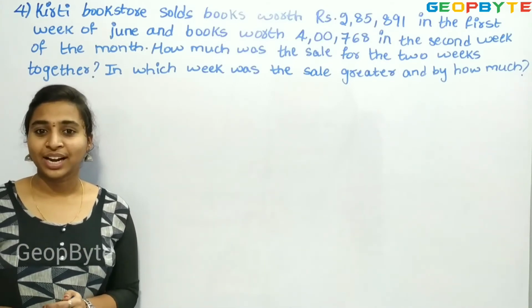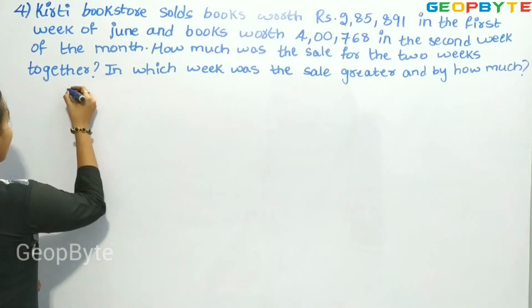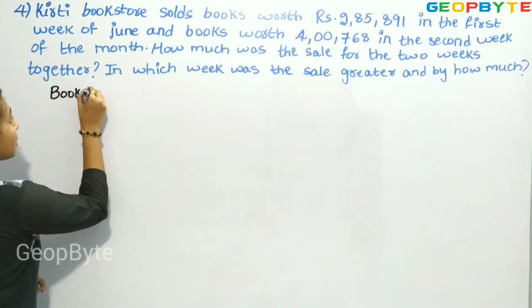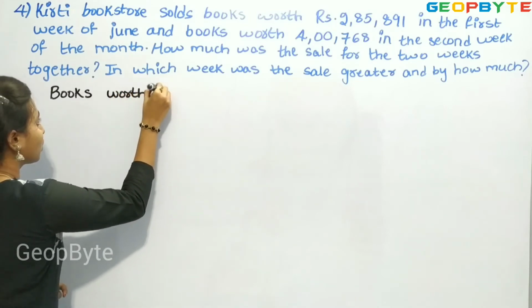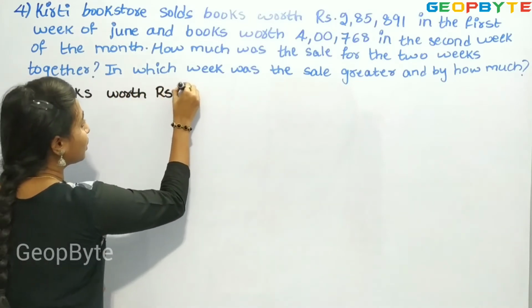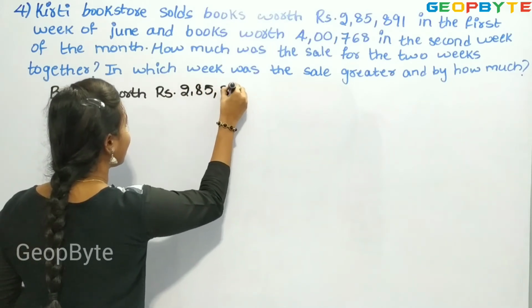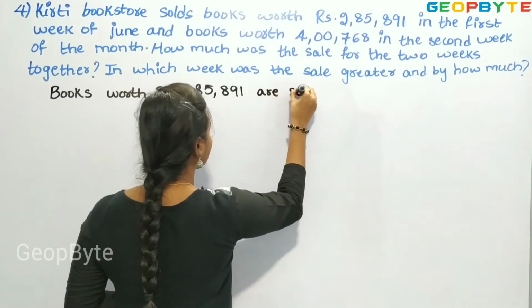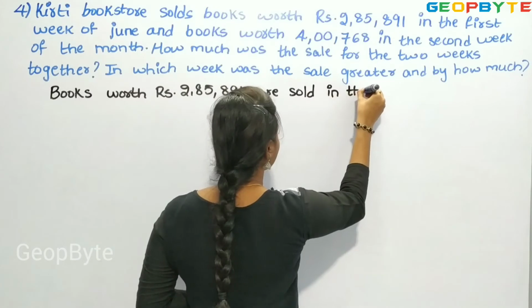First, let us write down the given data. Books worth rupees 2,85,891 are sold in the first week of June.